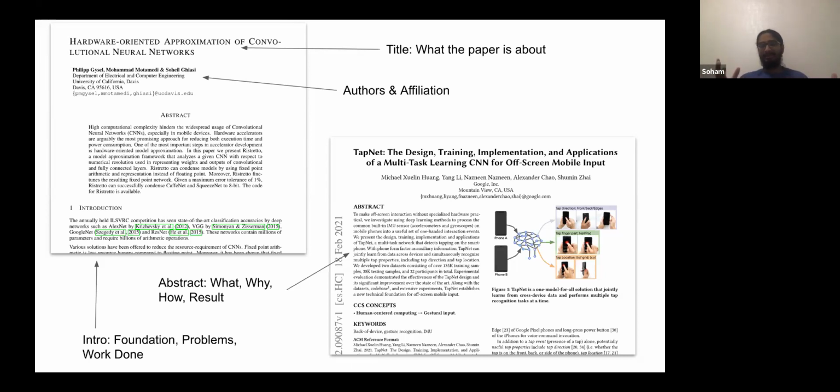The reason the abstract is really important is that a paper might be 10-20 pages long, but the abstract will almost always be just one paragraph, maybe two. So the abstract is a really short way to find out what the paper is about and the results that the authors got.